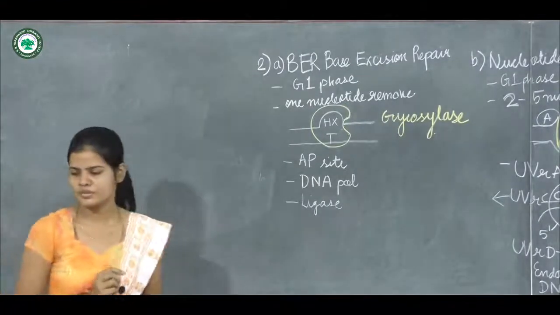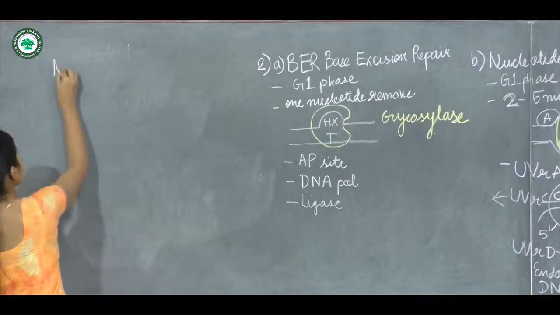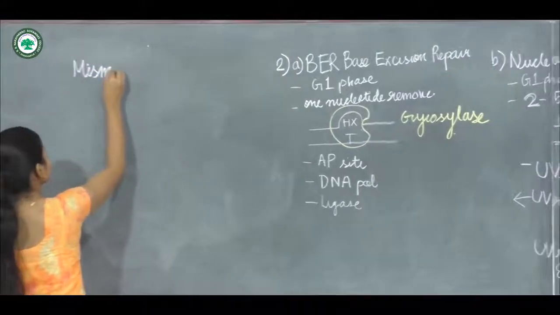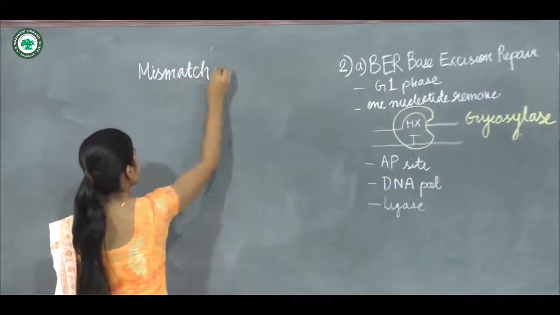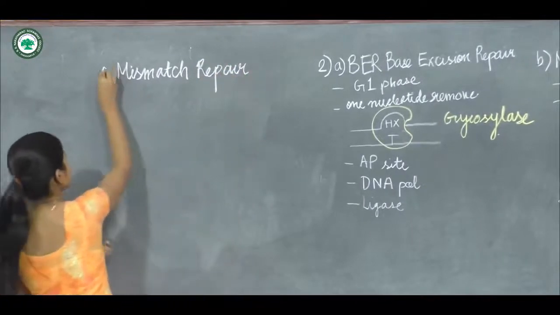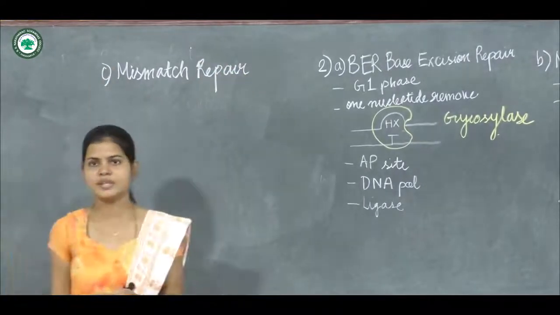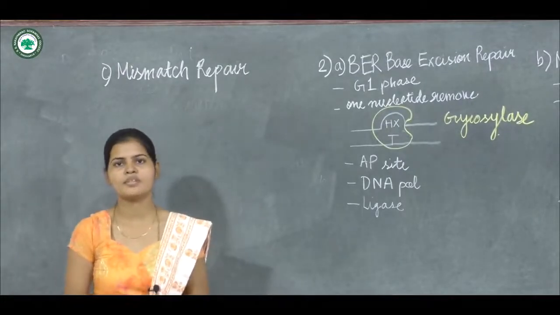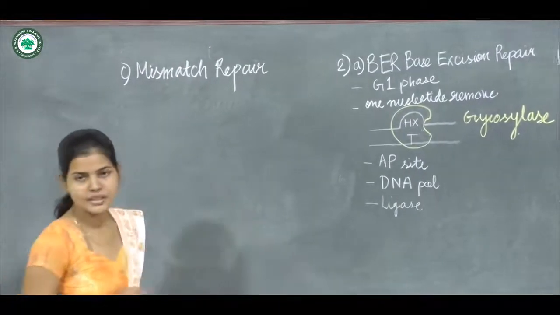Now next we will see the next mechanism, that is the mismatch repair system. This is also a type of dark repair system. What will happen in this?